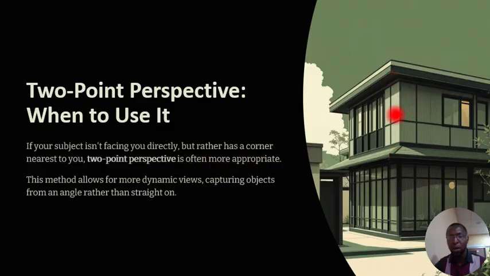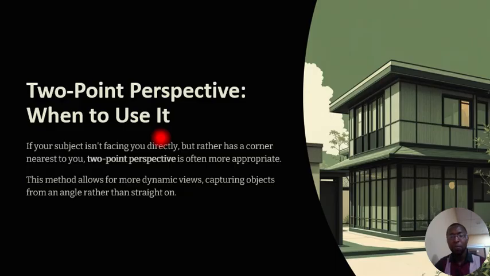You can see this building here. The viewer is viewing it at the corner part of the object. In this case, you will use two-point perspective drawing. But that is not our central focus today. We are looking at one-point perspective drawing, and we have stated the three reasons why you can use this particular one.